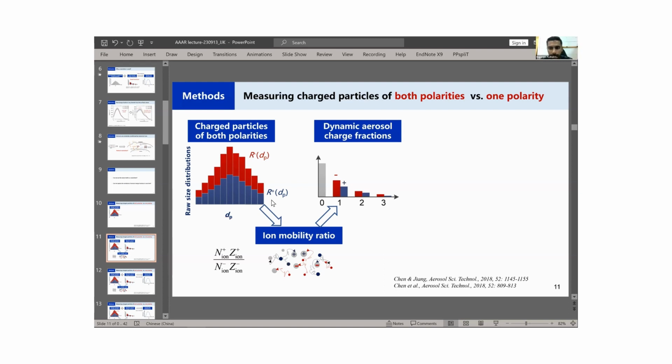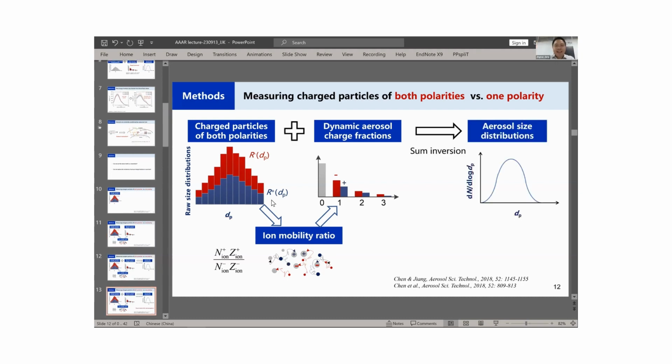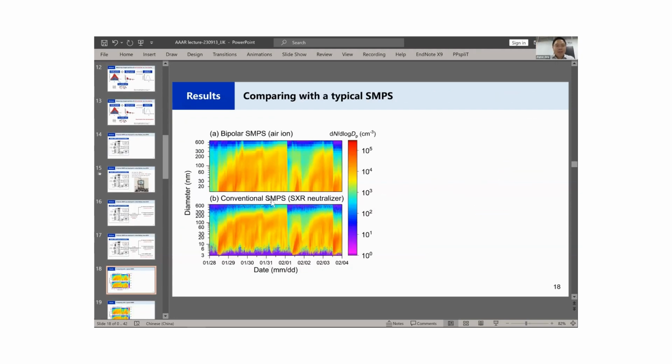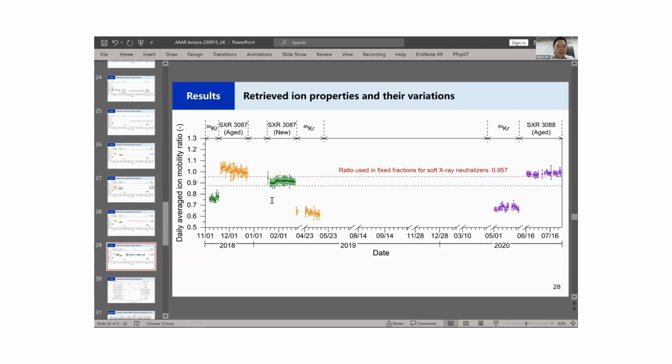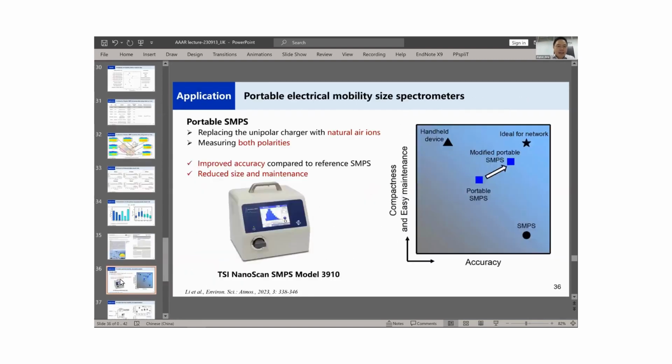We have a question from Chanakya. How feasible is this method for indoor environments? Yes, we started with the ambient environment, and for this specific TSI NanoScan study, we also tested in an indoor experiment.